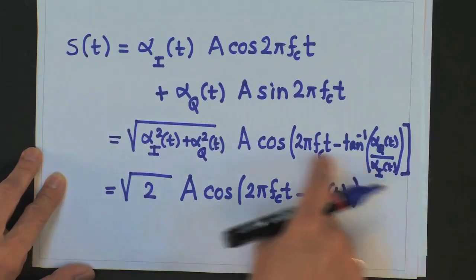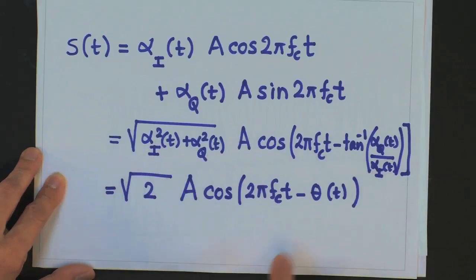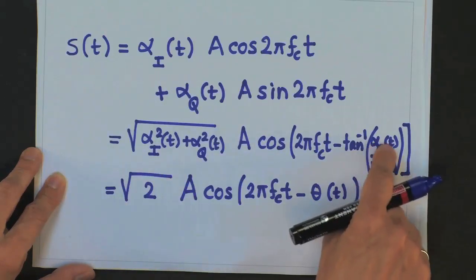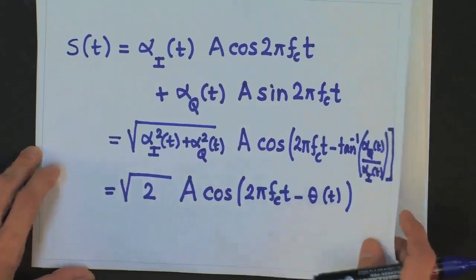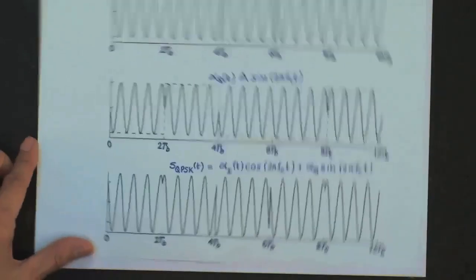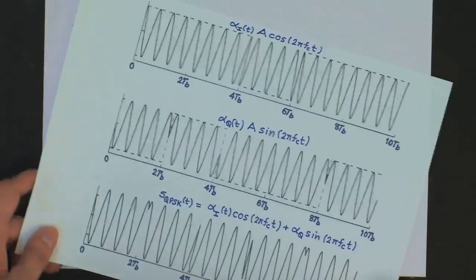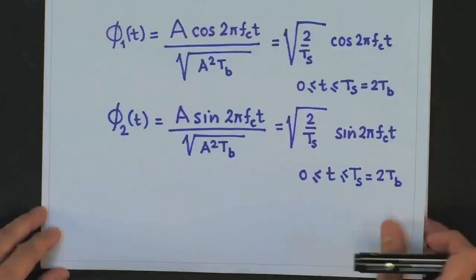So, you get 4 signals out of this for different values of alpha_Q(t) and alpha_I(t), and this can be represented by the following 2 orthonormal basis signals.